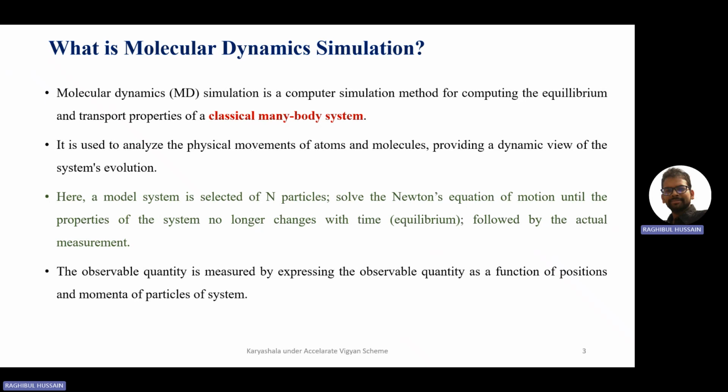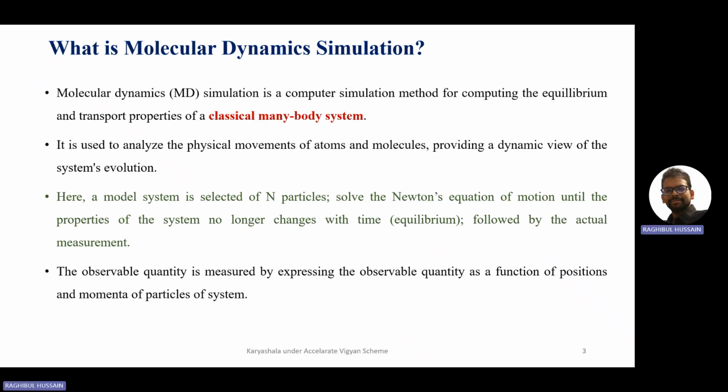So the third type of simulation process that we generally do is MD, molecular dynamic simulation. As the name suggests, it basically deals with the dynamics of molecules.